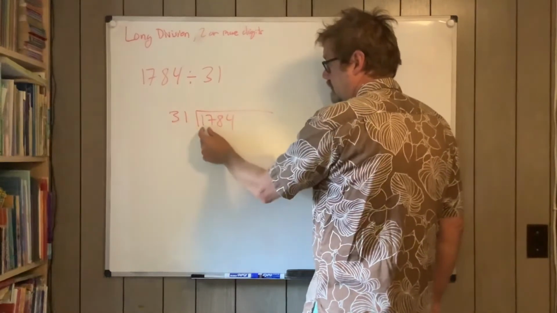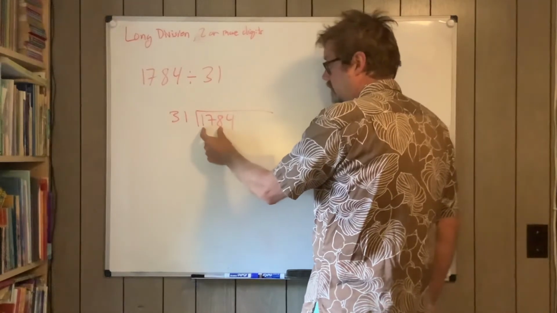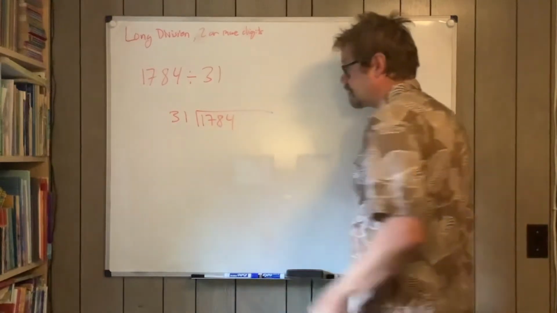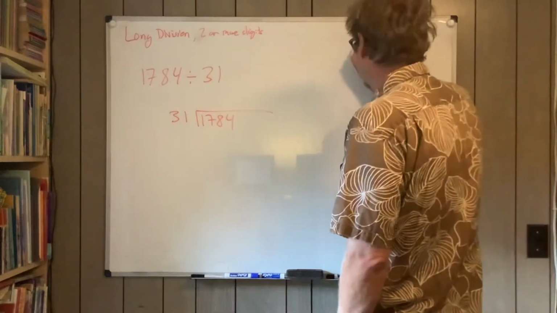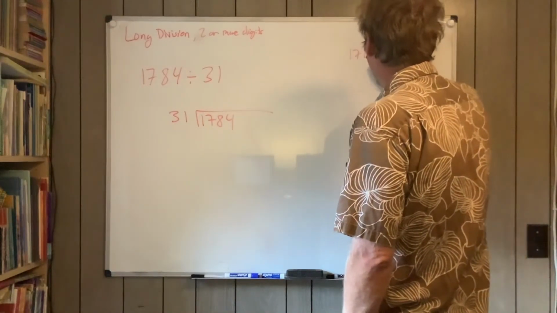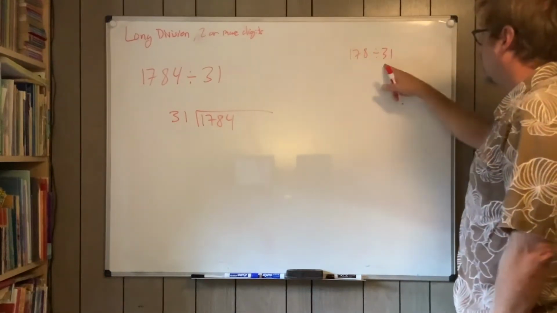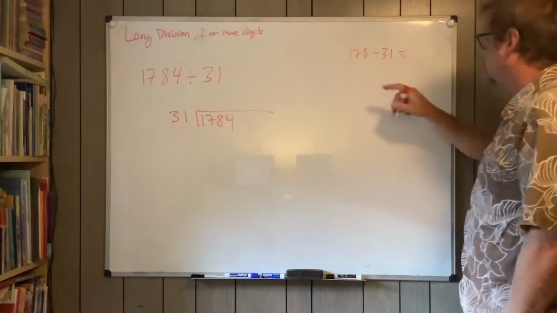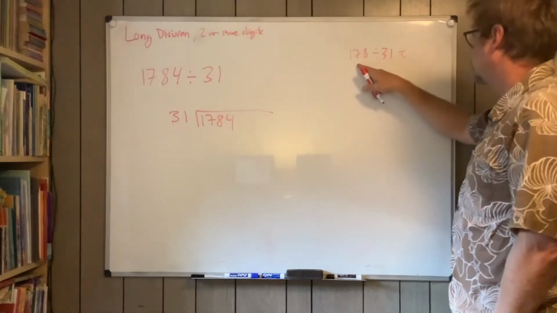So 31 doesn't go into 1 or 17, but does go into 178. Okay. And so now what you're trying to do, right, is we're trying to do 178 divided by 31, right? And I want to try to be on the low side of things.